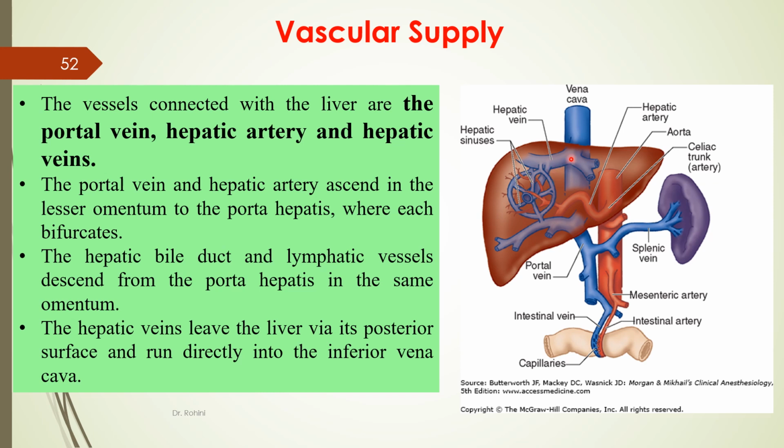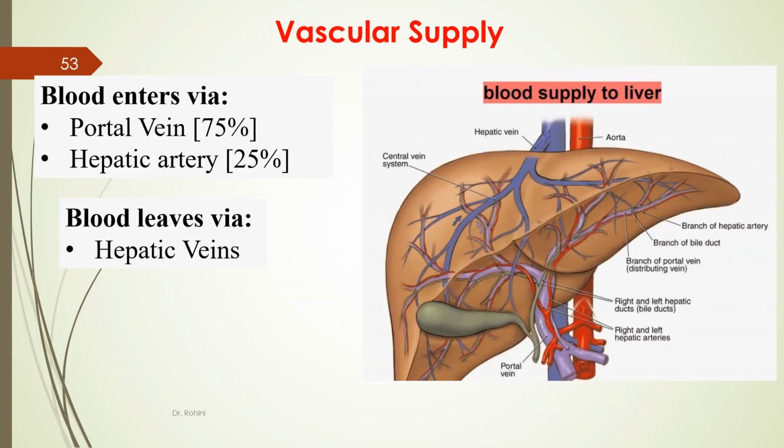The hepatic veins leave the liver via its posterior surface and run directly into the inferior vena cava, draining the blood directly into it. Blood supply to the liver enters via the portal vein and hepatic artery.